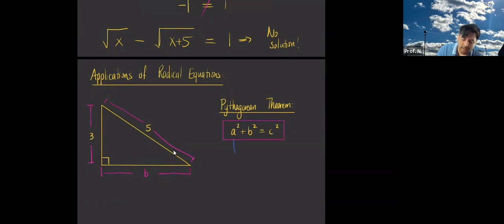Now, what do the a and the b represent? They represent the legs of the right triangle, meaning not the hypotenuse. And the c is the hypotenuse, which is the longest side of the right triangle.